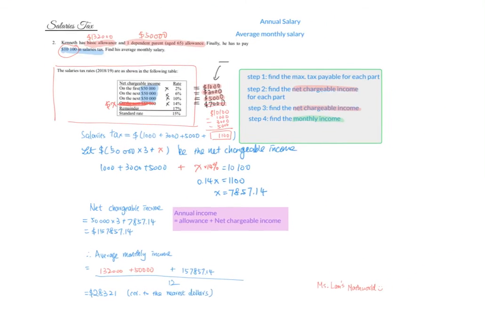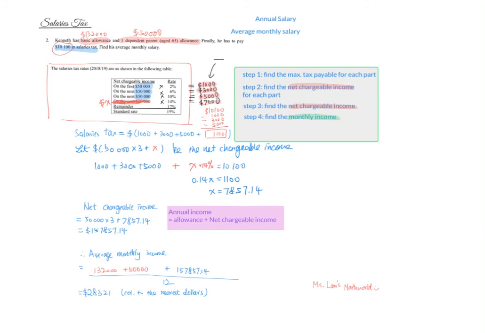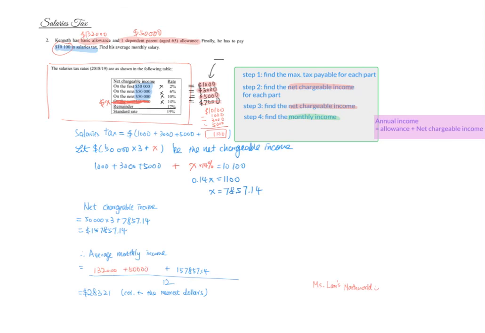This is really troublesome, but it is also worth understanding how you need to pay for it. Alright, as a conclusion, for step 1, we need to check how many parts we need to pay. So we need to find the maximum tax payable for each part. Then that helps us find how many parts we need for the net chargeable income.